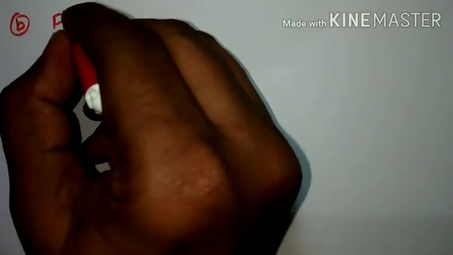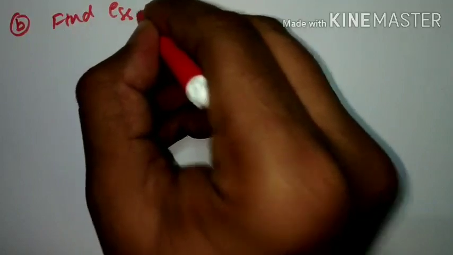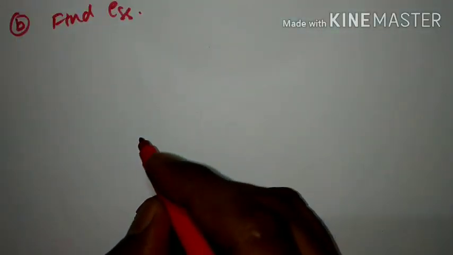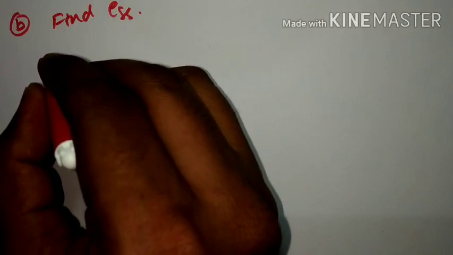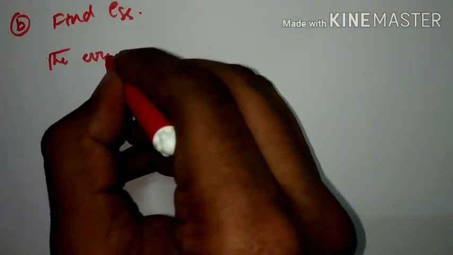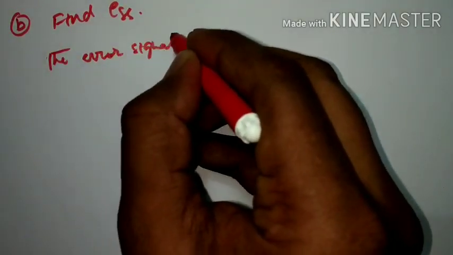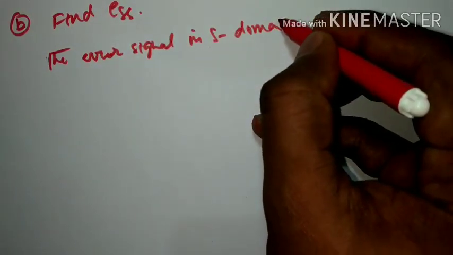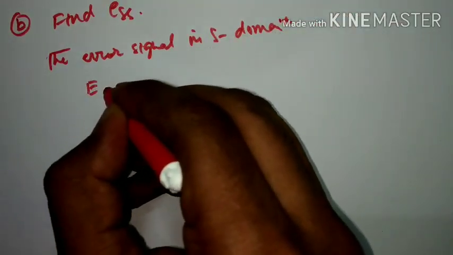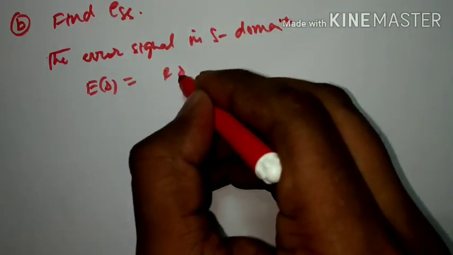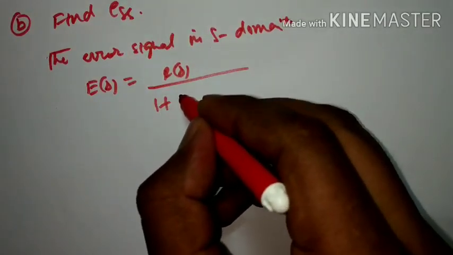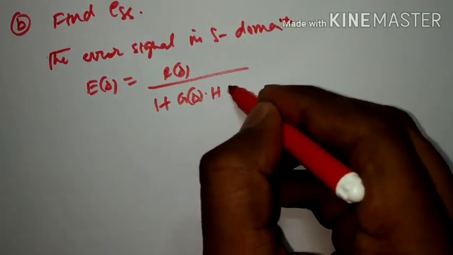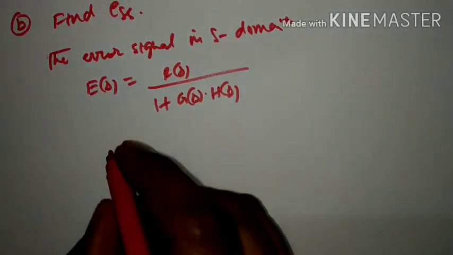So second question, B part. We have to find the steady state error, ESS. Okay, so what is the error signal? The error signal in S domain, E of S is equal to, you know that, R of S by 1 plus G of S into H of S. Okay, so what is the R of S here?